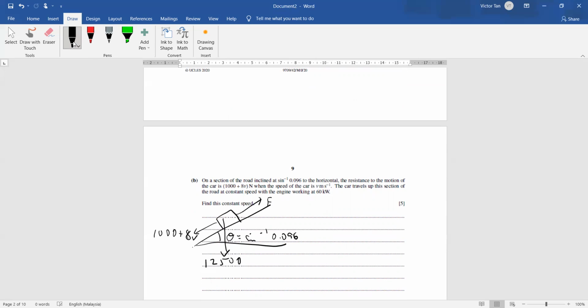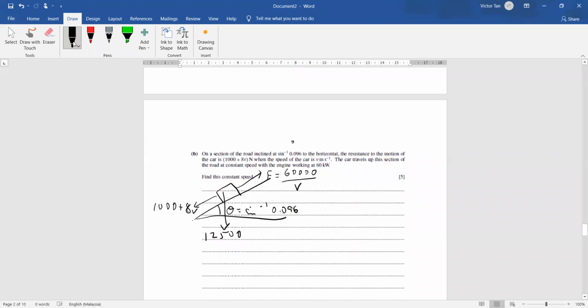Driving force is 60,000 over V. So you want the constant speed, so the resultant force is 0.